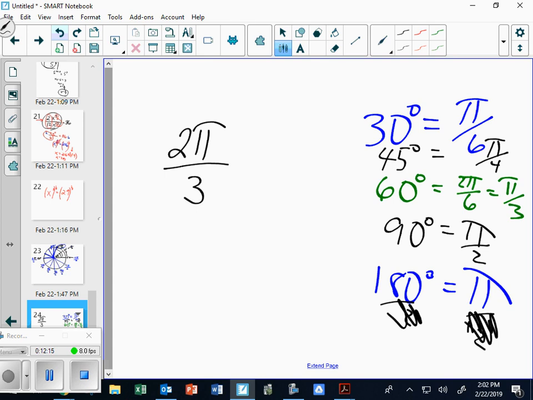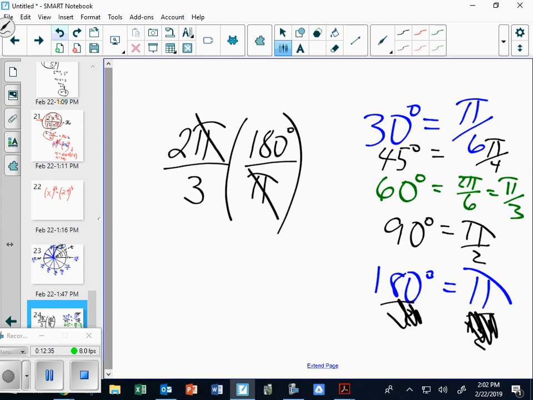I want to change that over by multiplying by something. Hint, it involves 180 and it involves pi. It's 180 over pi.